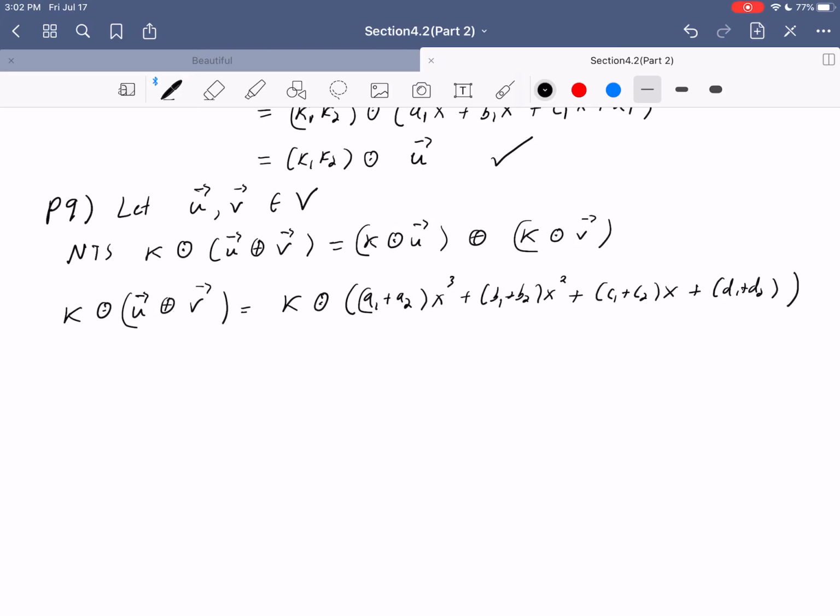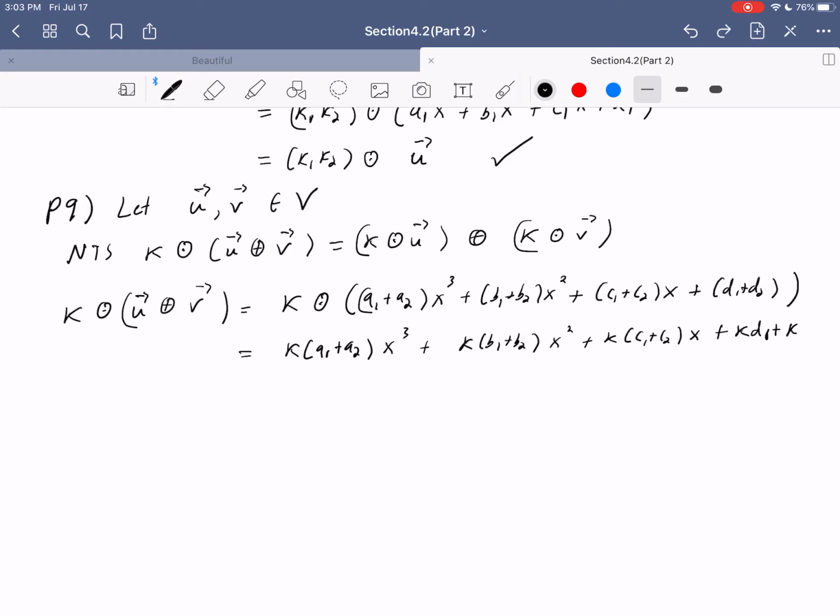Absolutely. Then we know that when we do the scalar multiplication, it distributes onto each thing. So we're going to get K times A1 plus A2 x cubed plus K times B1 plus B2 x squared plus K times C1 plus C2 x plus K times D1 plus D2, and I'll just keep that in parentheses.